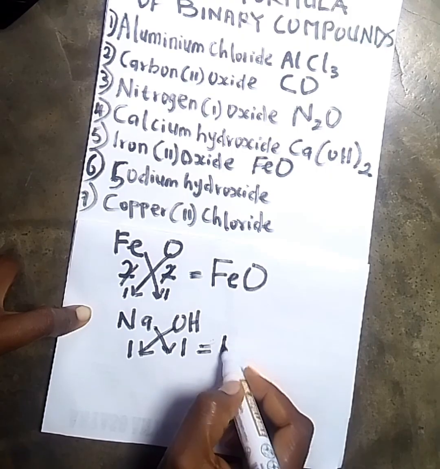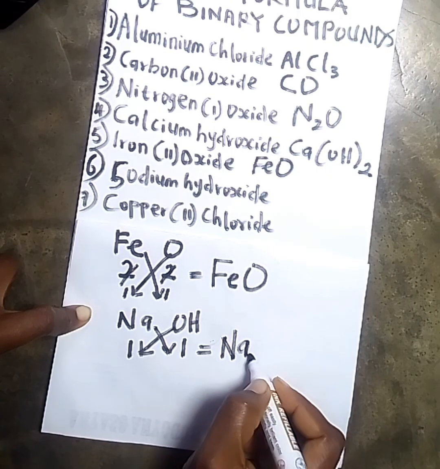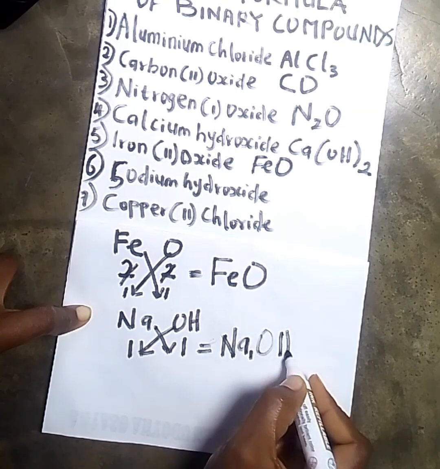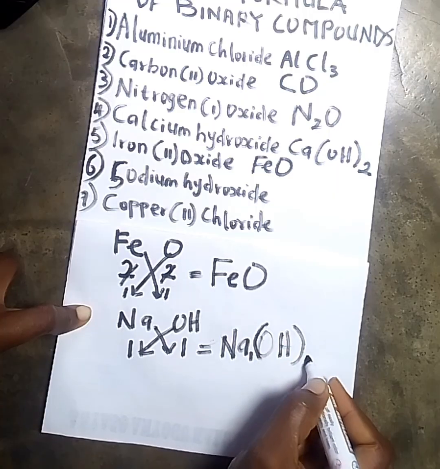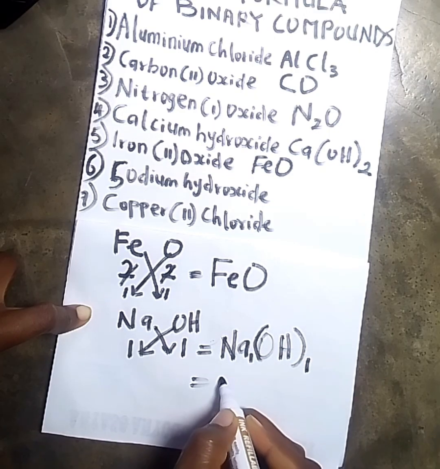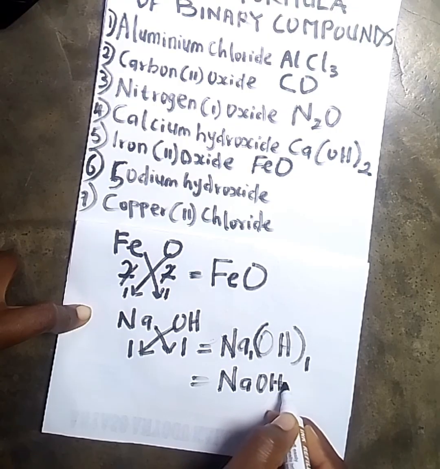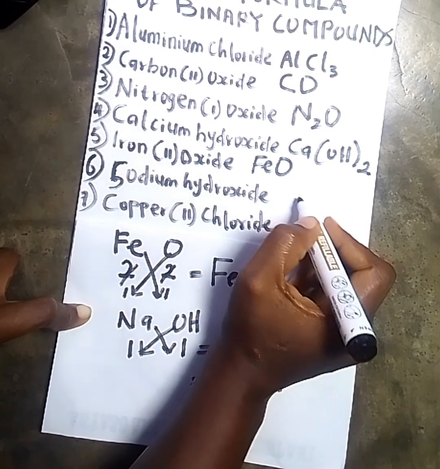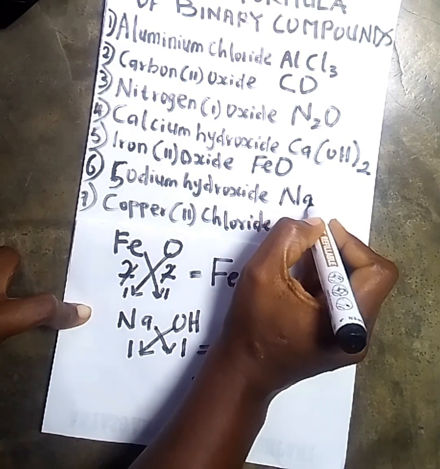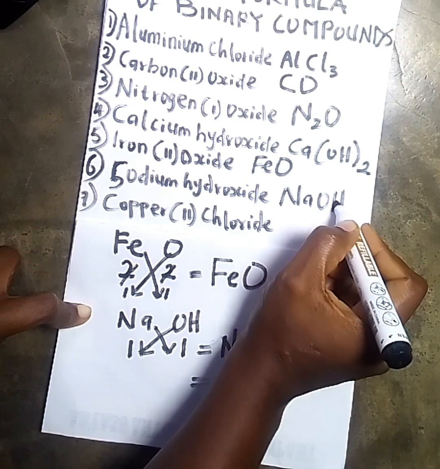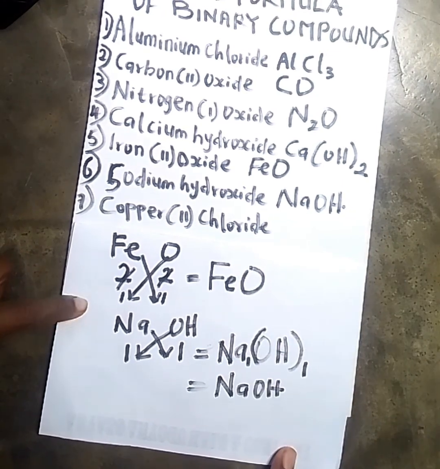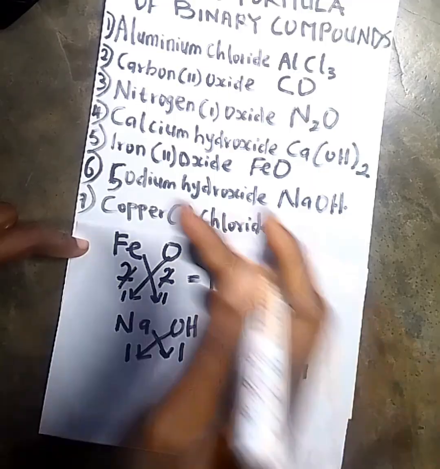So it is 1 1. So this can be written as sodium hydroxide, NaOH.